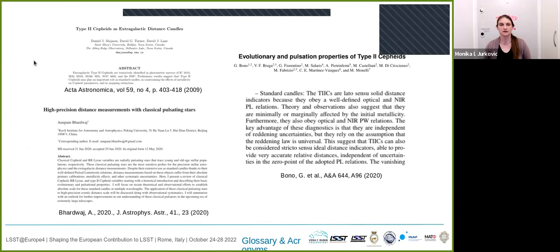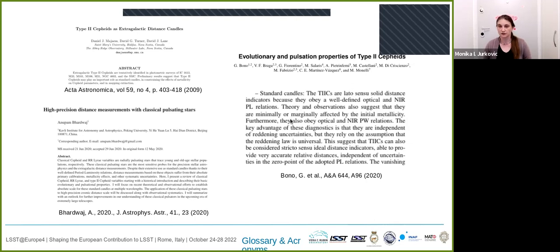For example, there is a paper by Daniel Majaess, one by Anupam Bhardwaj, and also the group of Giuseppe Bono, which all suggest that using type 2 Cepheids as extragalactic distance indicators is actually doable.